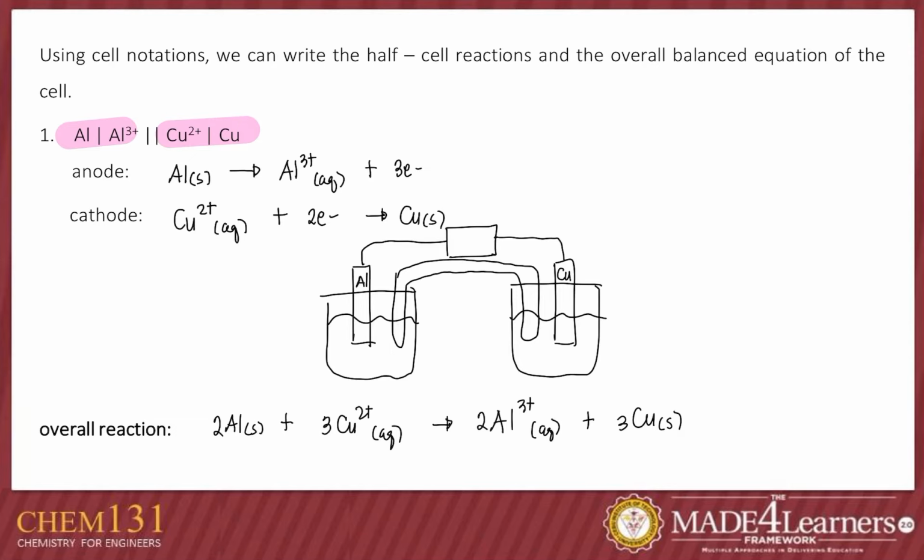And when the reaction takes place, electrons flow from the anode to the cathode, and then as aluminum loses electrons, so mo form siya Al3+, and then ang Cu2+ diri maoy mo dawat sa electrons to form the solid copper. So ma-use up si aluminum ug mobaga si copper in the reaction.